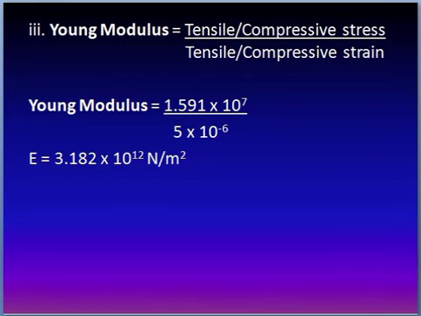From the calculation we just derived, our tensile stress is 1.591 times 10 raised to the power of 7, and our tensile strain was 5 times 10 raised to the power of minus 6. We substitute into this equation, and we end up having our Young modulus, E, equal to 3.182 times 10 raised to the power of 12 Newton per meter squared.